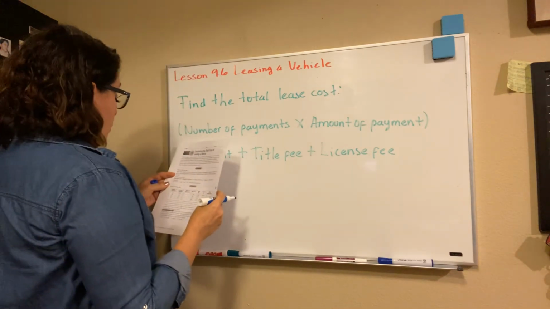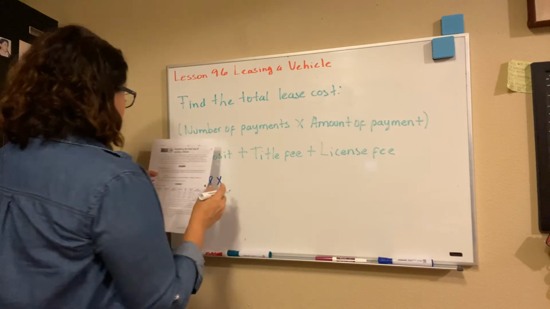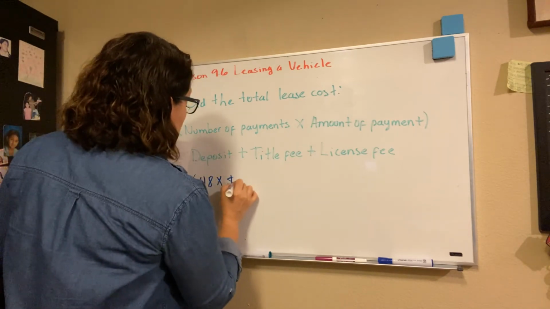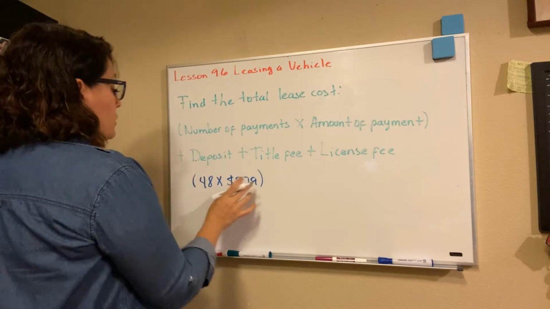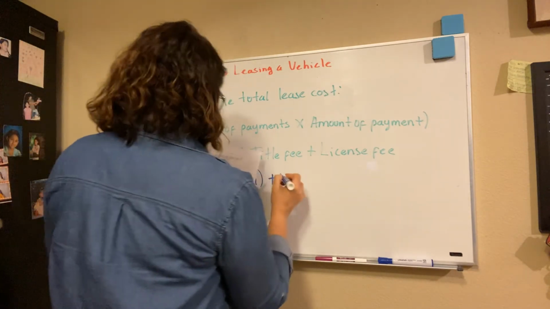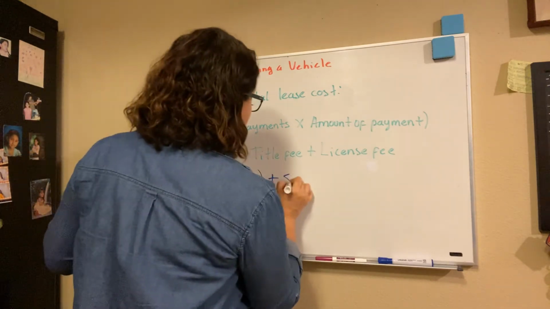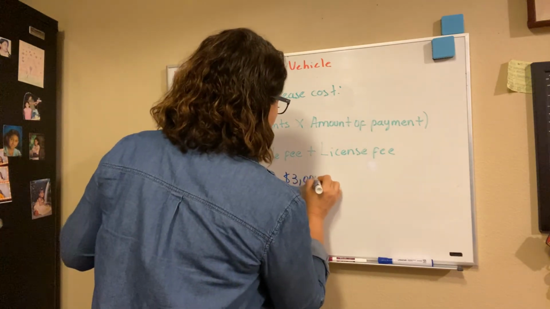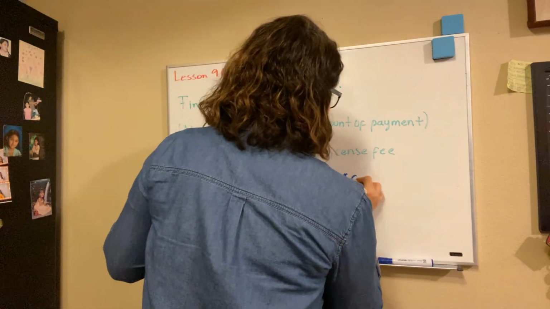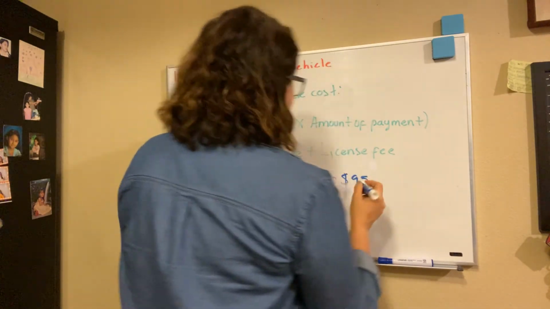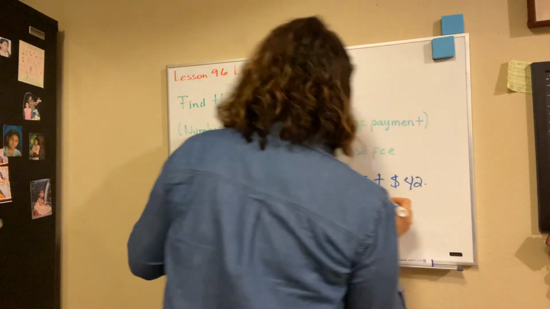In this case, he rented the car for 48 months, okay, and he paid $279. I'm going to multiply that, plus the deposit. He made a deposit of $3,000 plus the title fee that was $95 plus the license fee, which is $42.